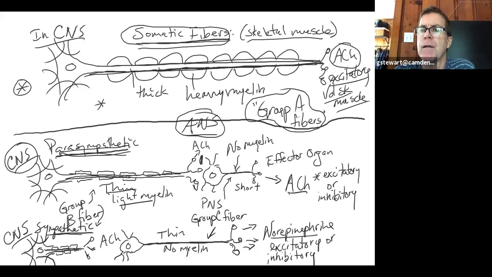Thin fiber, lightly myelinated, considered a group B fiber. Always releases acetylcholine here at the ganglion, which is in the peripheral nervous system. The postganglionic fiber is typically short, thin, no myelin, group C fiber, and it releases acetylcholine onto its effector organ and can be either excitatory or inhibitory based on the receptor.